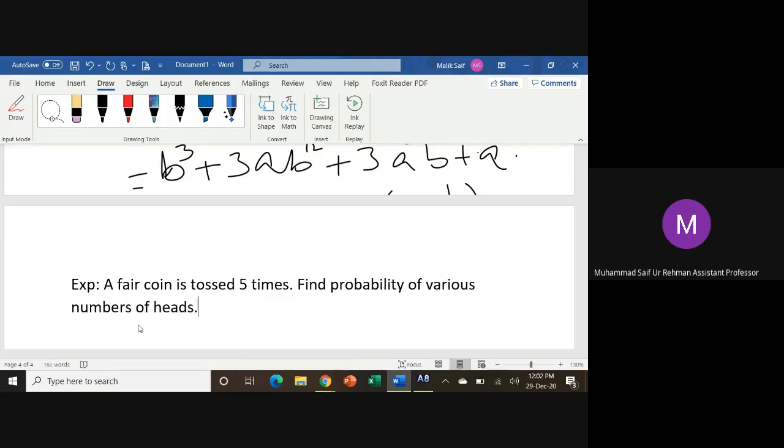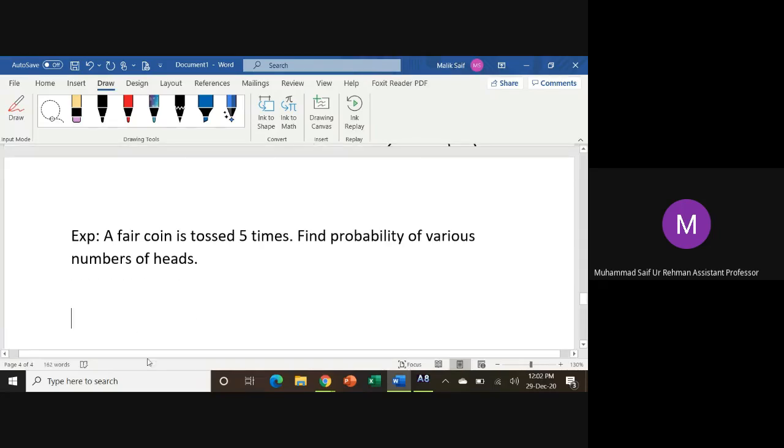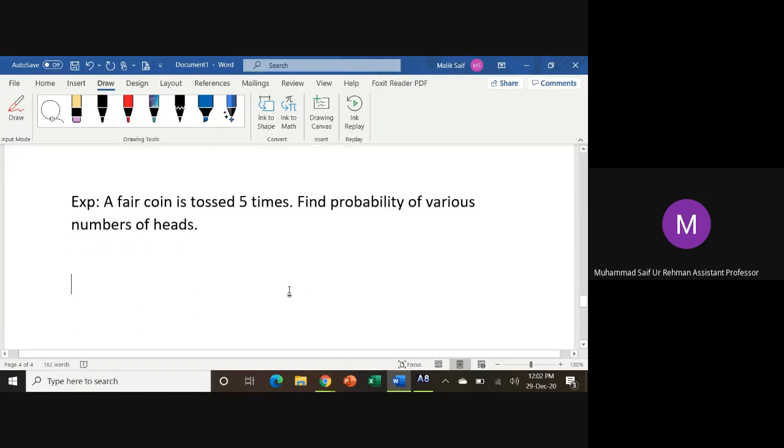Various numbers of heads. So how can you find out? There are 5 trials, 5 tosses. A fair coin is tossed 5 times. So you will start solving this question as, you are basically interested in heads, number of heads.